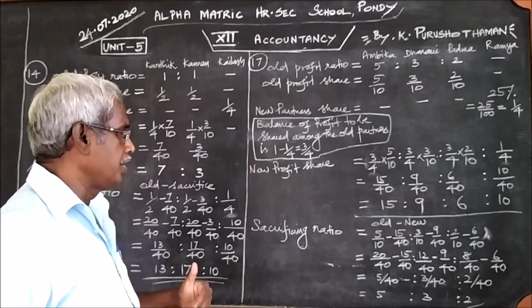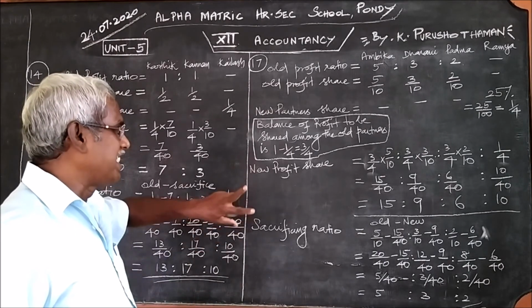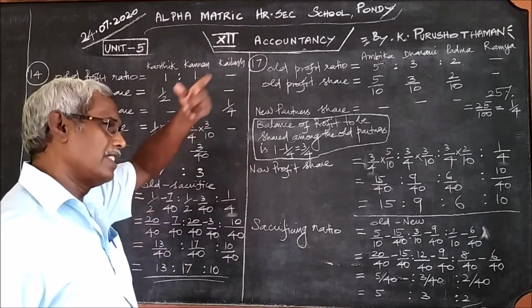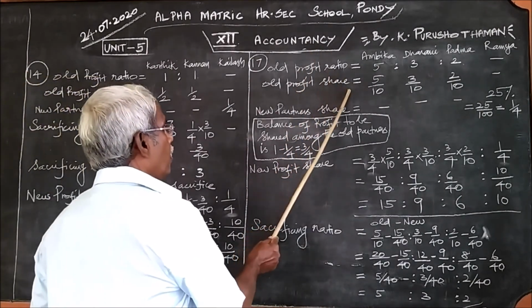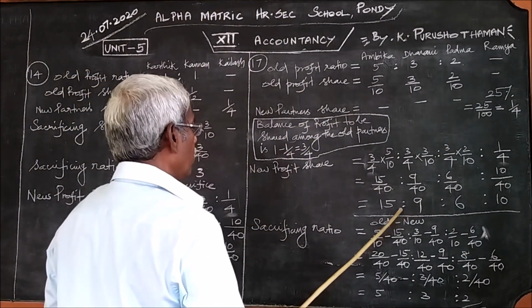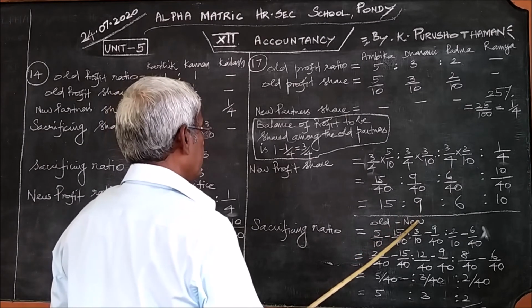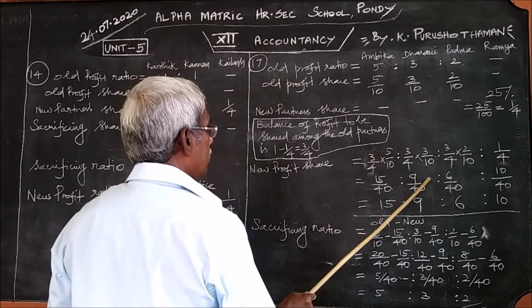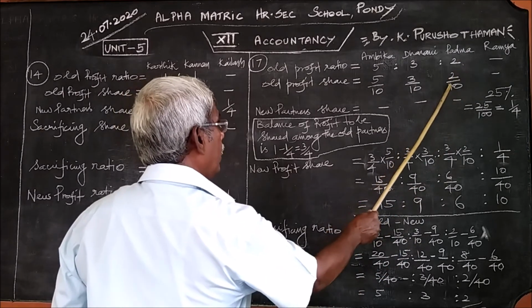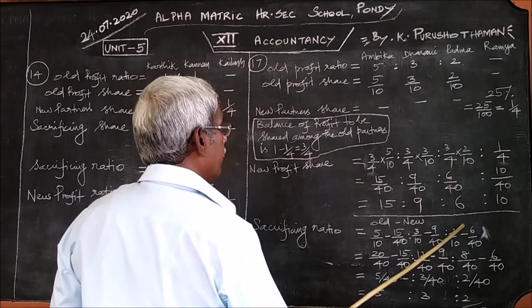What is the new ratio now? What is missing in between these two? That is the sacrifice. So from the old we should subtract the new. Old ratio minus new ratio. Old minus new. We have written it.